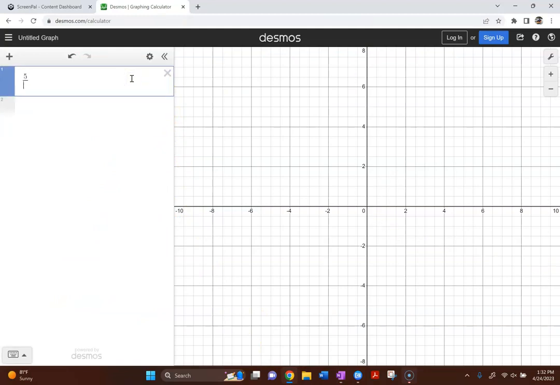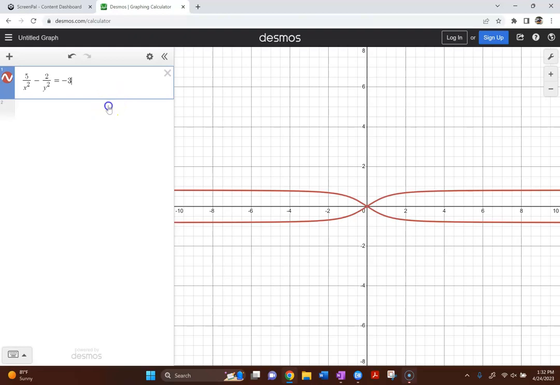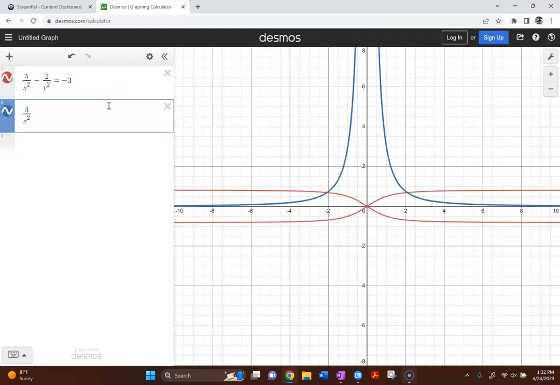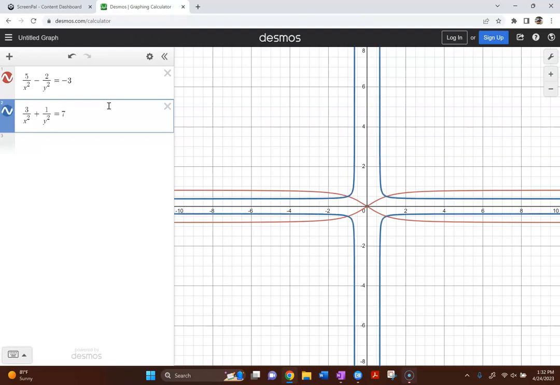First one is 5 over x squared minus 2 over y squared is -3. There it is.